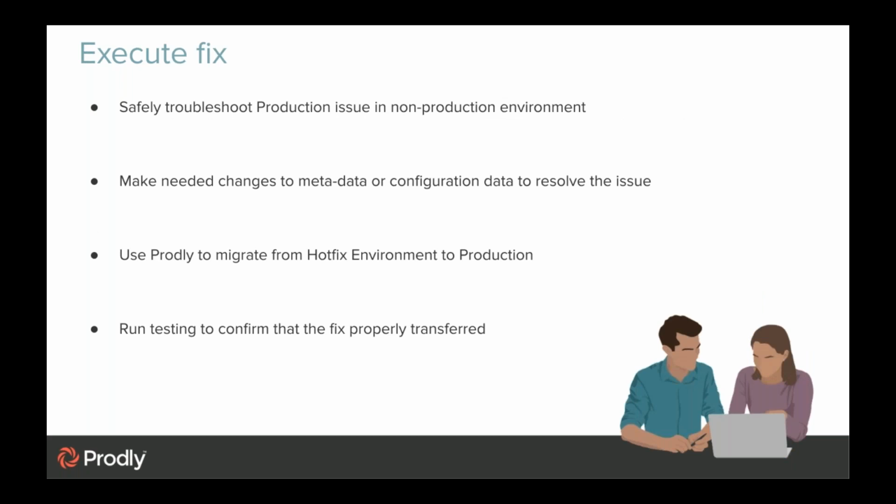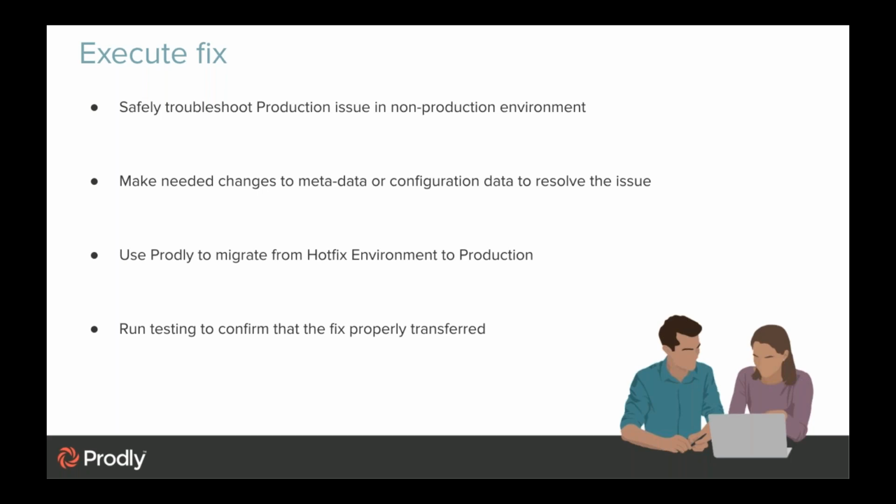So during the execute phase, you can use Prodly to safely move things back into production to make sure everything looks good. Also, depending on the type of data that is affected, use things like AppOps Test to make sure that everything looks good before you push anything back into production.